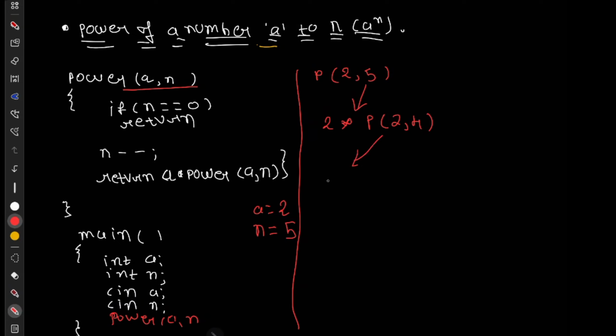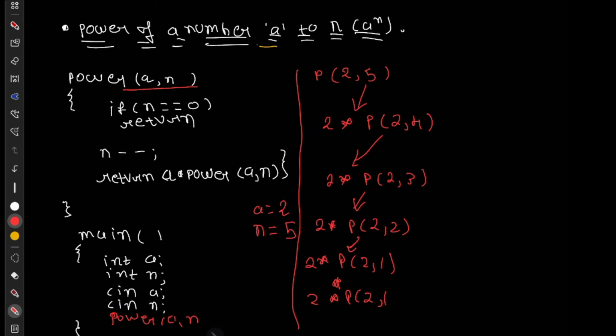Again this function is called, it will work as 2 into p of 2 comma 3, then 2 into p of 2 comma 2, then 2 into p of 2 comma 1, and again 2 into p of 2 comma 0. Here the base case hits, so from here this will return.